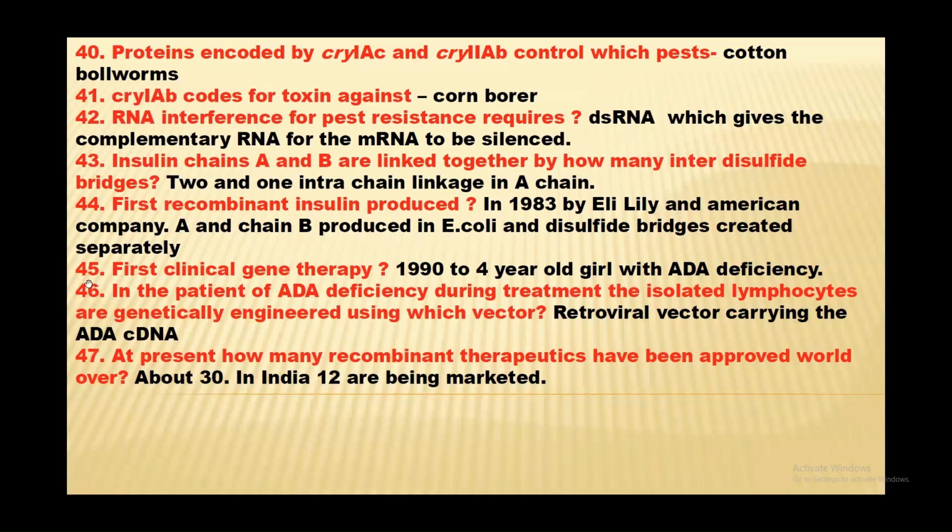See point number 45. First clinical gene therapy was done in the year 1992. How many years old girl? A 4 year old girl child with ADA deficiency. This line is also important. The 46th one. In the patient of ADA deficiency, during treatment, the isolated lymphocytes are genetically engineered using which vector?